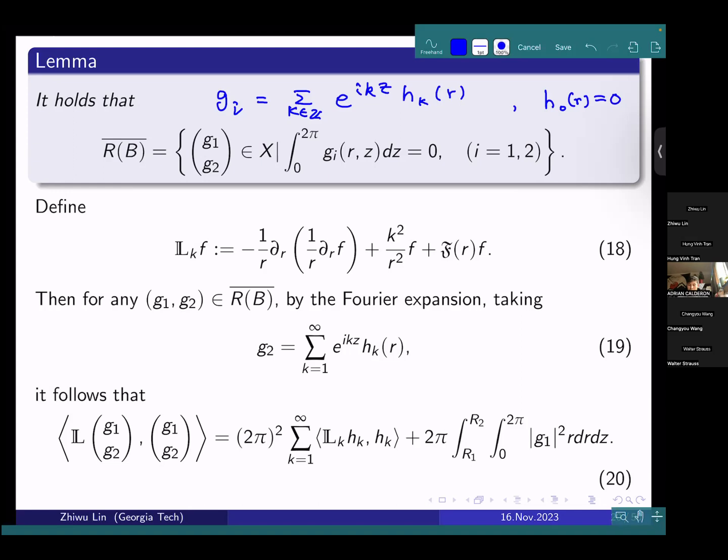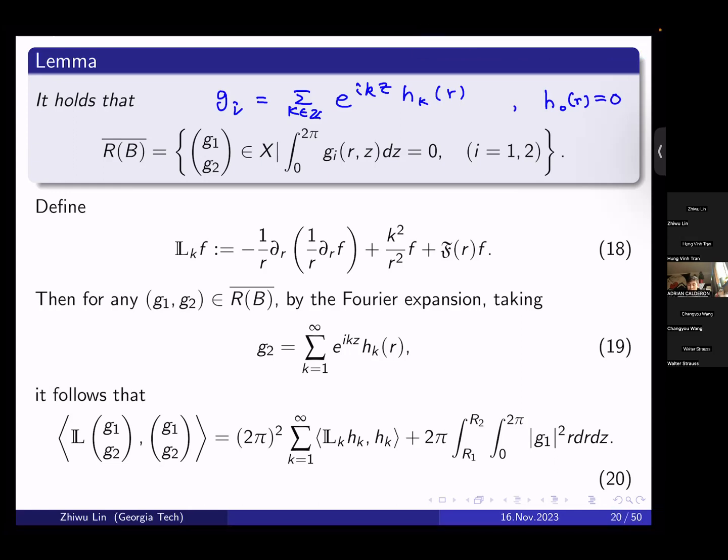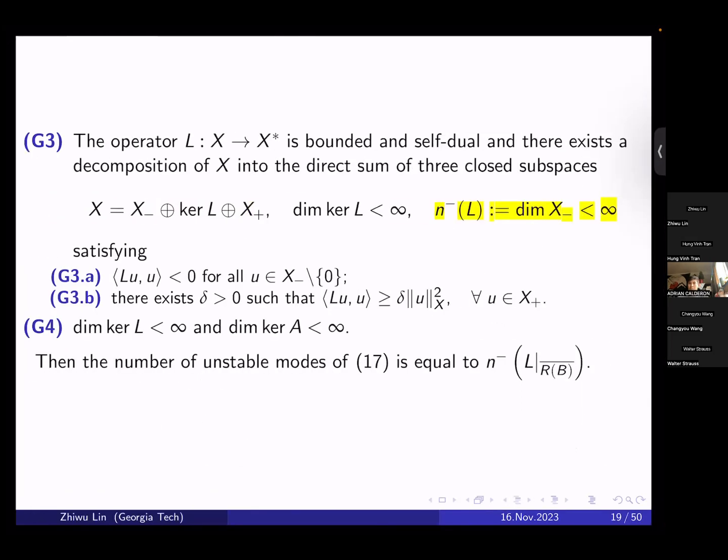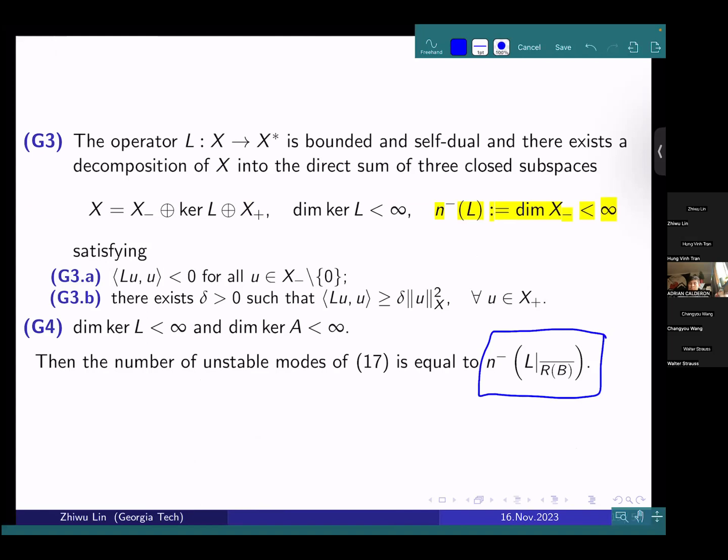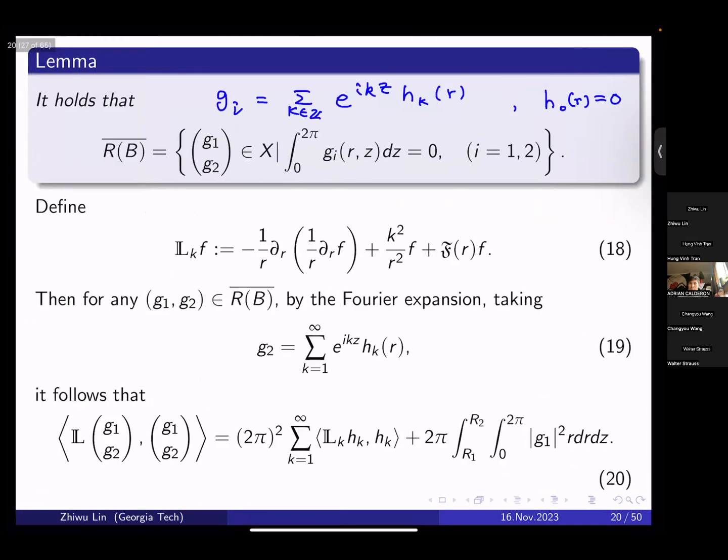This is the condition for a function to be in the closure of the range space. The function has two entries, g_1 and g_2, and each entry has to have no zero mode in order to be in the range space of B. Then it becomes quite easy to study the number of negative modes of the quadratic form of L restricted to this subspace, because now we can do the Fourier expansion.